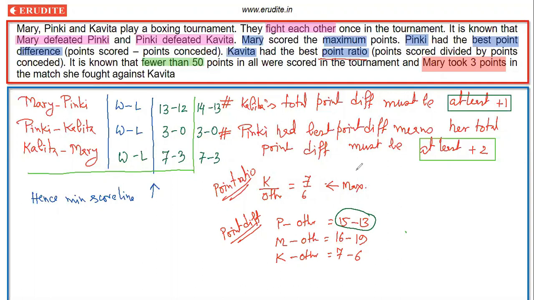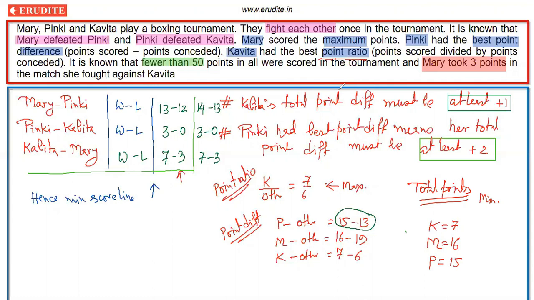Total points. Next information, our total points minimum. Here, as for the score line, Kavita's minimum score line, if I consider, is 7, Mary is 13, 3, 16, and Pinky is 50.